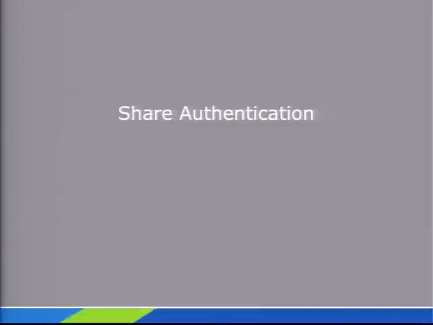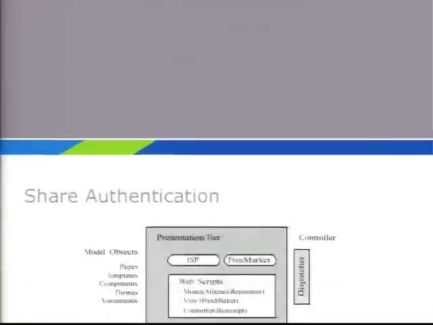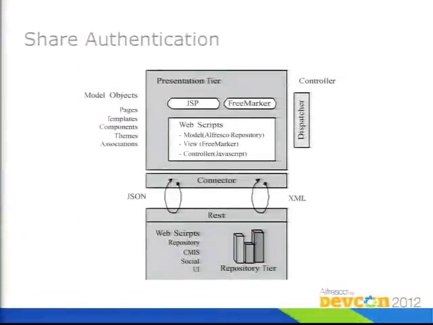So now we're talking about Share authentication. Share, as you know, is a light application built on top of Alfresco using the Surf Spring framework. It's a client application which asks the repository each time to get information and renders it using the Surf framework and Yahoo UI stuff.